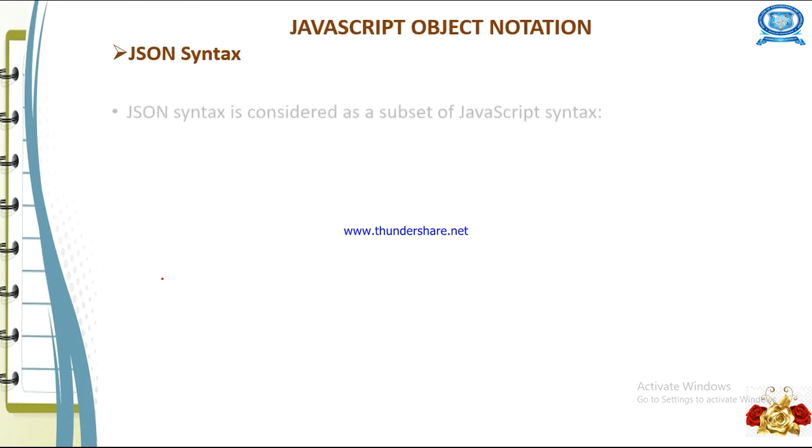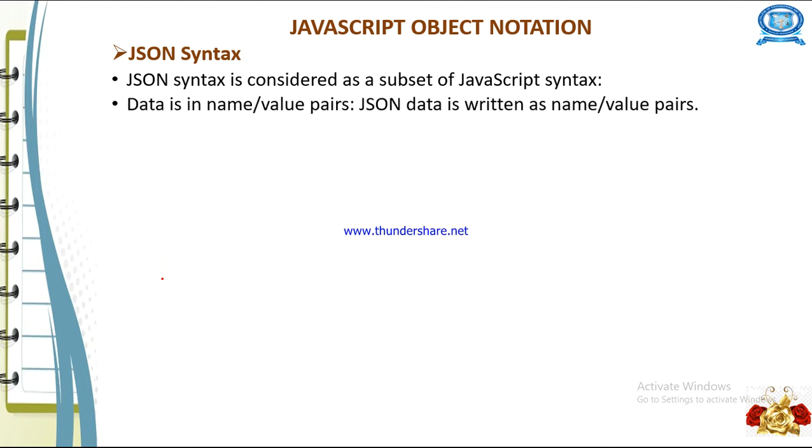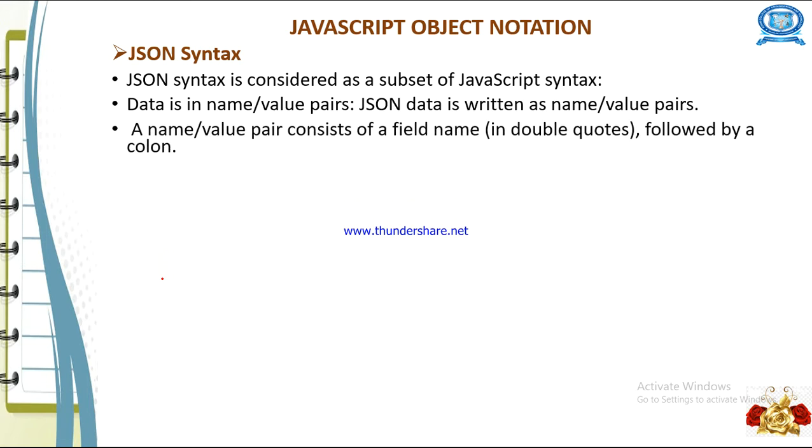Next is the JSON syntax. It is considered a subset of JavaScript syntax. Normally, the data is written in name and value pairs. Each name and value pair consists of a field name within double quotation marks, followed by a colon.